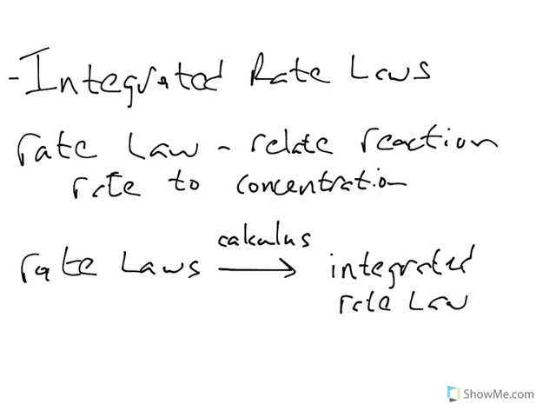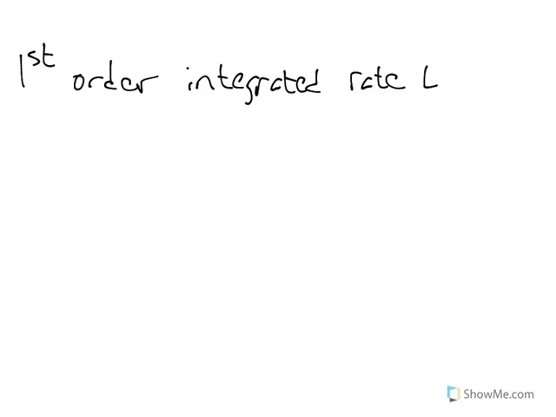So why don't we go ahead and take a look first at the first order integrated rate law. All right, so we're going to have a reaction of A going to P. We have our reactant A and our product P, and we can go ahead and write our rate law for this first order reaction.